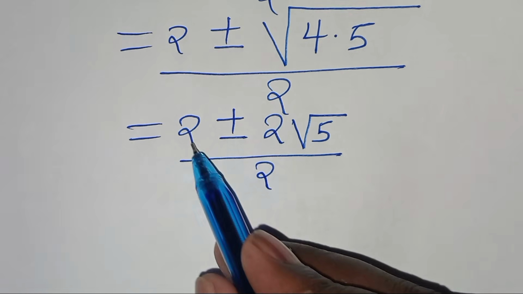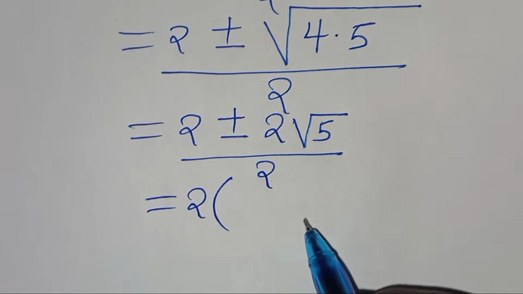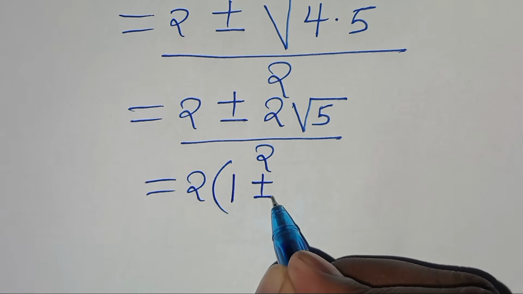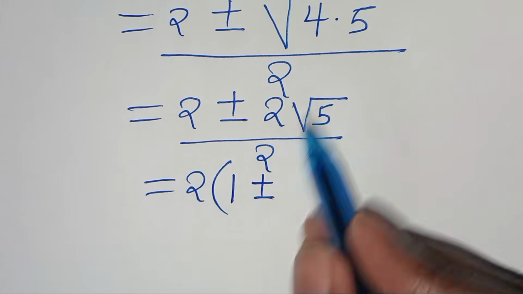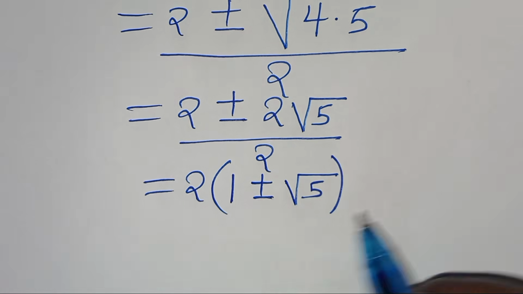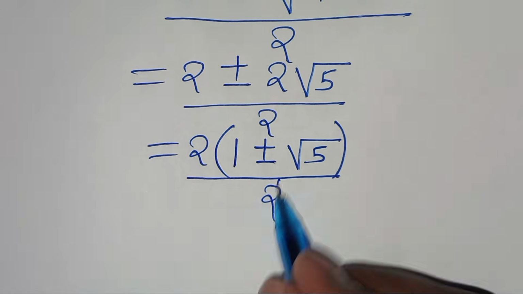Since 2 is common here, we can factor out 2, so that now we have 2 divided by 2. This is 1 plus or minus 2 square root of 5, divided by 2, which is square root of 5, across the parentheses, everything divided by 2.